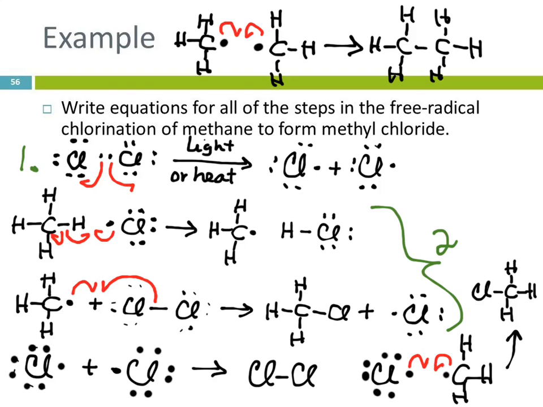Chain propagating, these two guys in the middle, where one radical is consumed and a different radical is made. One radical is consumed, a different radical is made. And these guys keep the chain going. And then there's three different termination steps. That's this one down here, and this one around the corner, and this one up at the top. And in your book, it's laid out much more neatly.